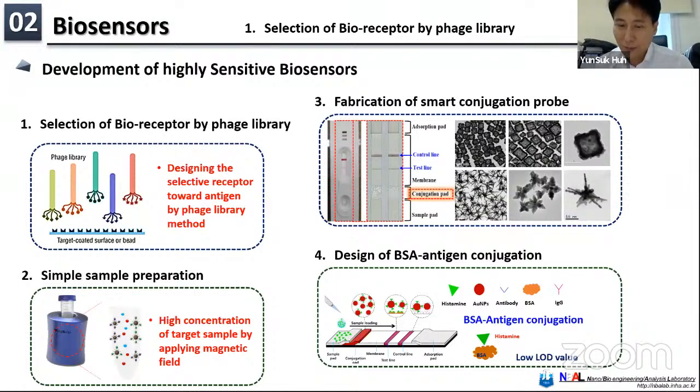Finally, once dropping the sample onto the sample pad, within 5 minutes or a few minutes, we can discriminate the color changes, color differences, whether there is contamination or disease in your sample or not. Simply, we can figure out whether there is contamination with your naked eye.